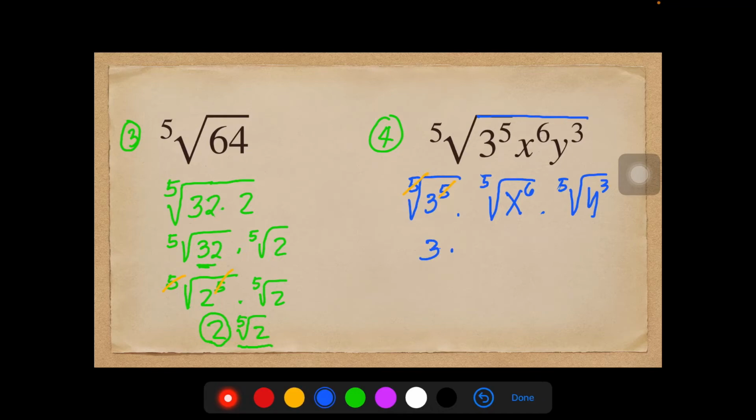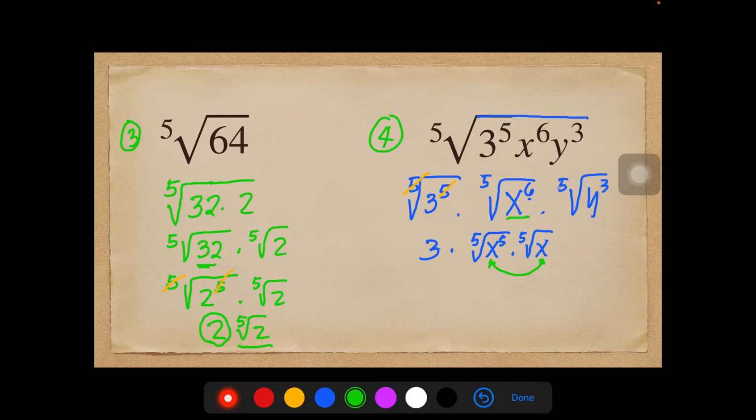For the other one, there is still a perfect fifth power inside the radical sign. So we can break it further as the fifth root of x to the fifth times the fifth root of x. Okay, so that when we verify, we have x to the fifth times x to the first power gives you x to the sixth.